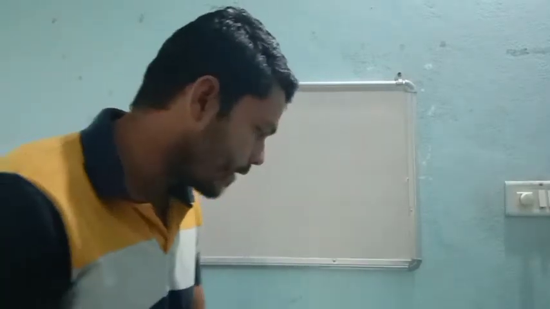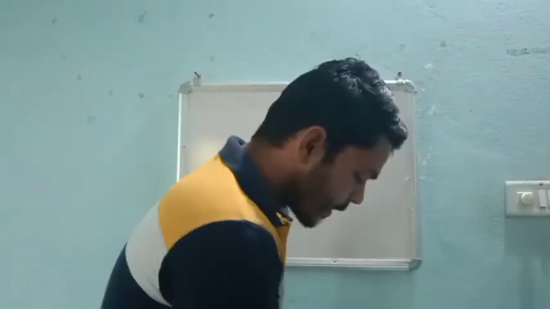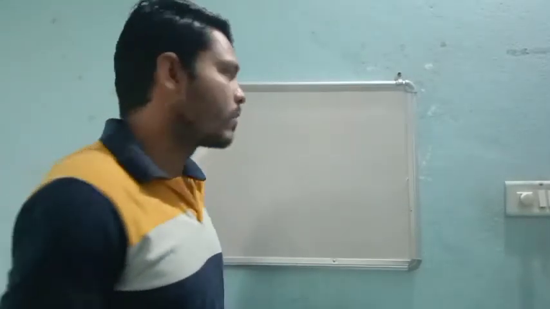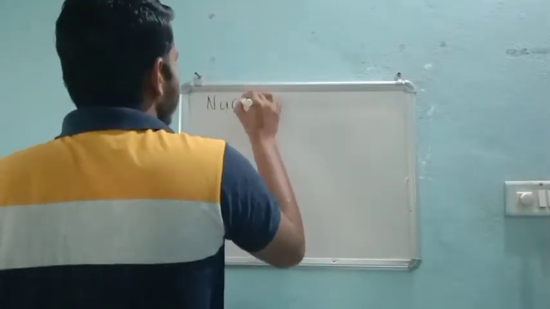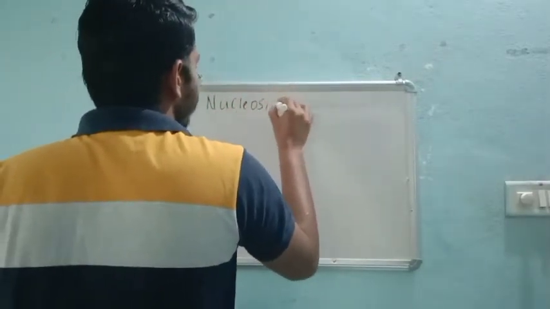In today's class there are two important things left, that means nucleosides and nucleotides, right? These concepts are very common in biology, but here also they are introduced. So first we will go with the nucleosides.